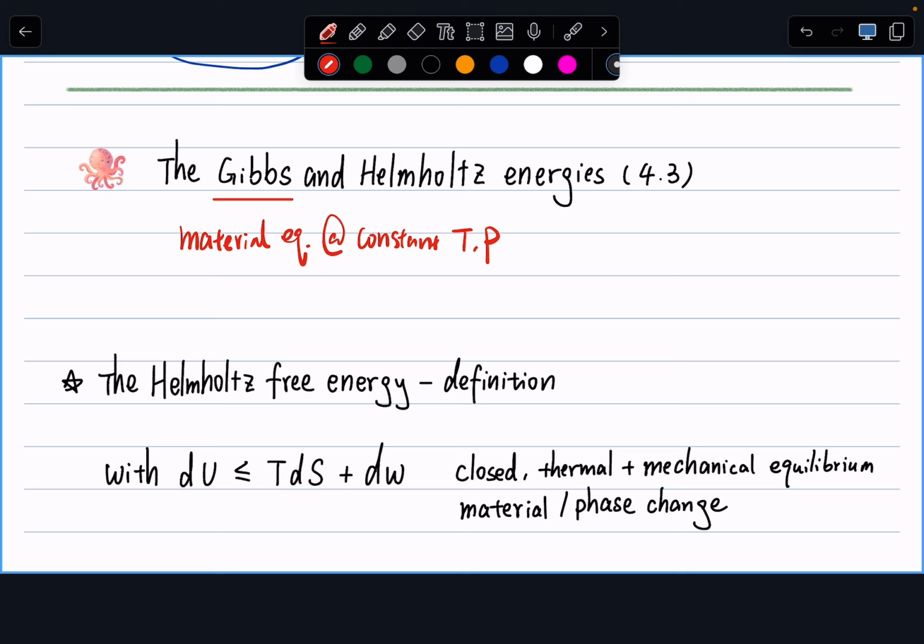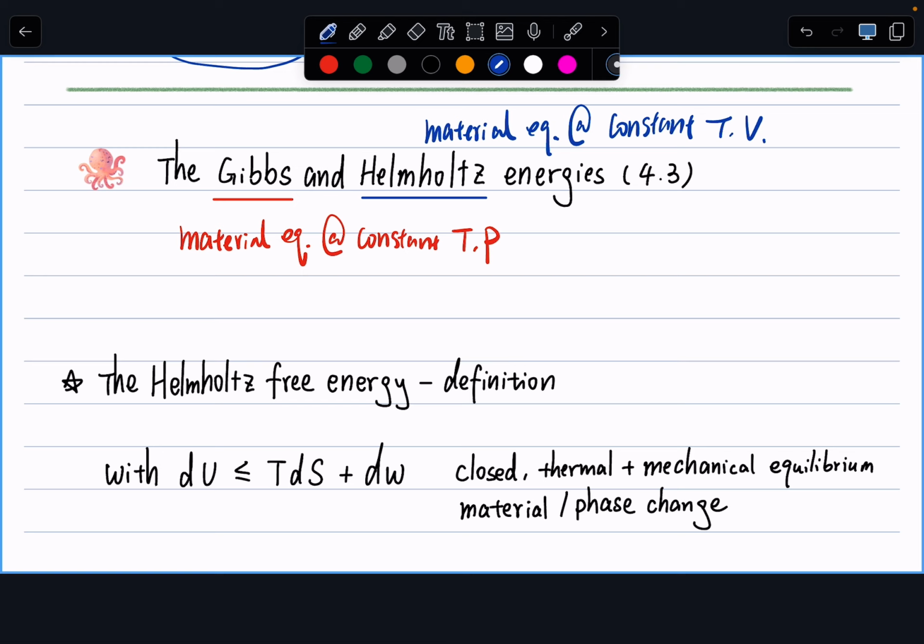You can use Gibbs free energy to describe the equilibrium of that chemical reaction. Or you can have Helmholtz energy, which is material equilibrium at constant temperature and volume. So the Helmholtz energy is more applicable to chemical engineers, where you have a certain volume and certain temperature, and you're talking about, well, what does material equilibrium mean in that condition?